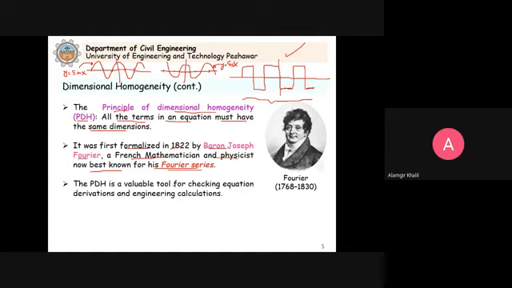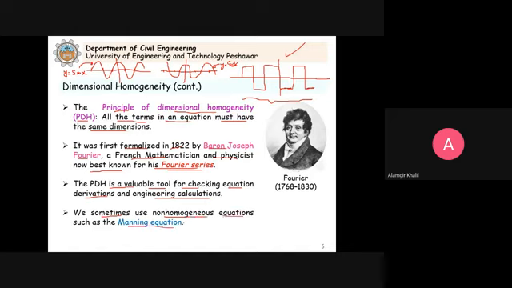So, coming back to our topic, this principle of dimensional homogeneity is a valuable tool for checking equation derivations and engineering calculations. We sometimes use non-homogeneous equations such as the Manning equation.